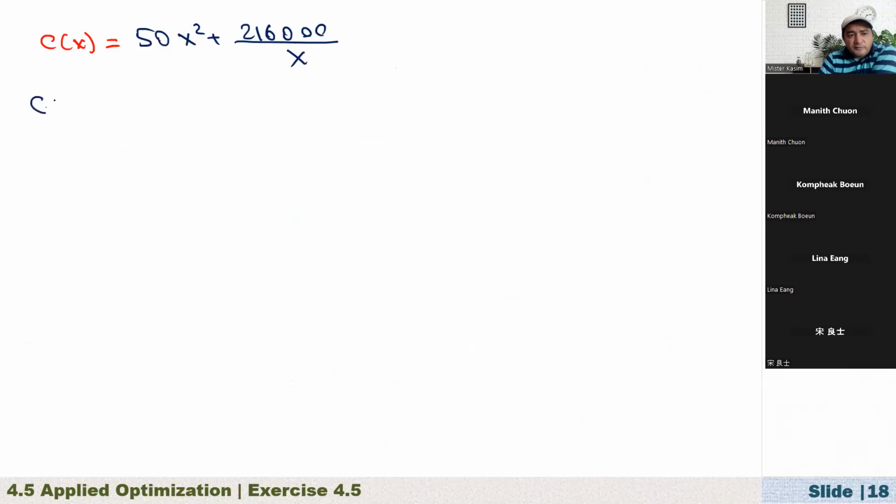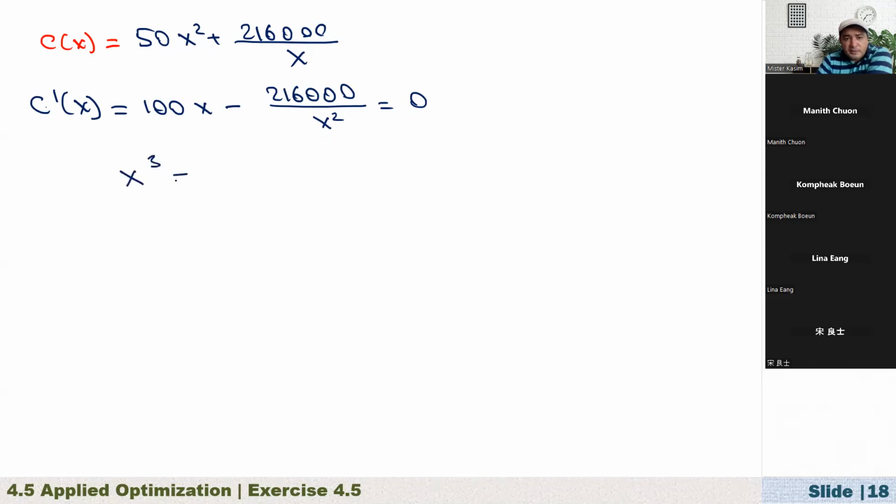First we have to find the derivative of this function, that is 100x minus 21,600 over x squared, and that's equal to 0. Now, if you solve this equation, take this to the right-hand side, multiply both sides by x squared and divide by 100, we have x cubed equal to 21,600 over 100, or that's equal to 216.